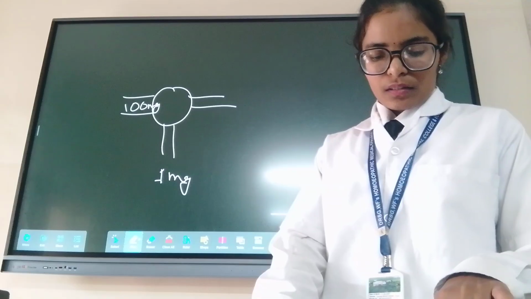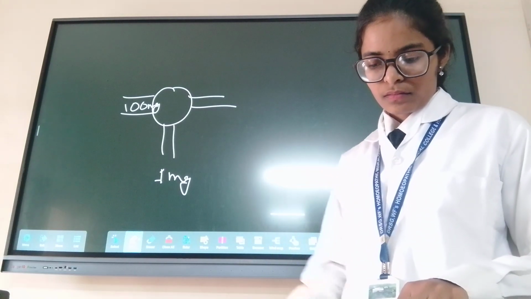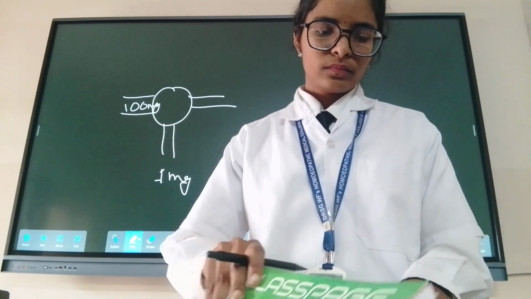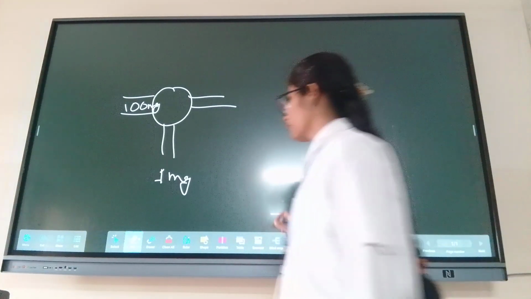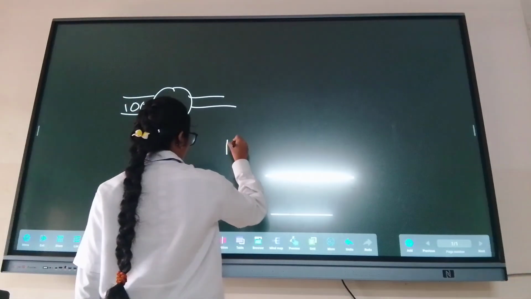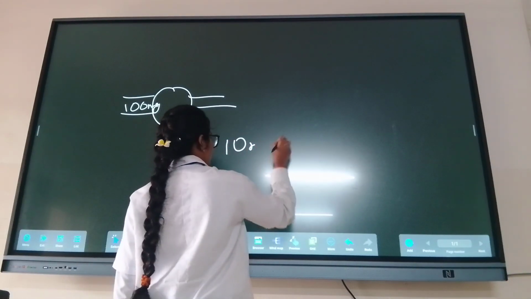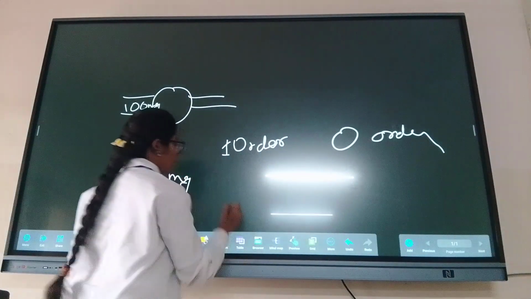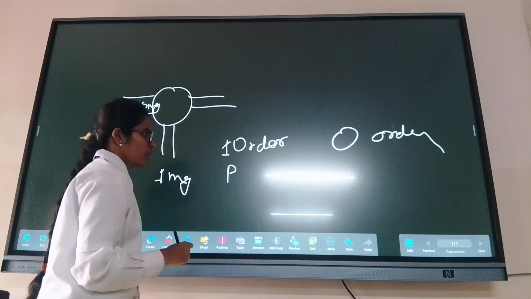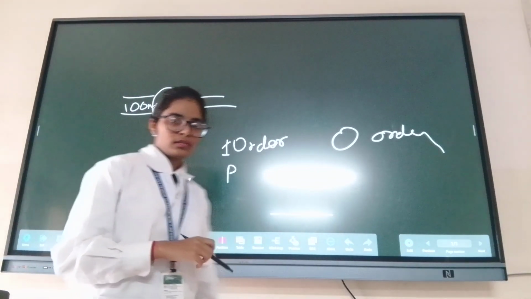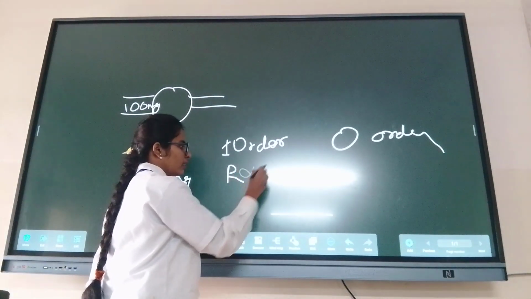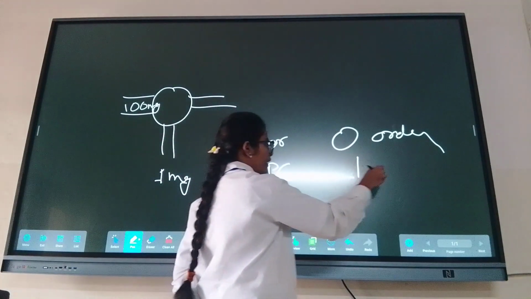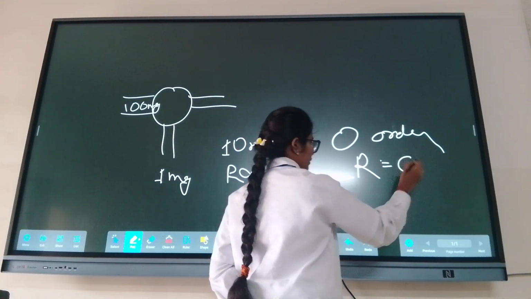Then in first order kinetics, rate of elimination is directly proportional to plasma concentration, and in zero order kinetics, rate of elimination is constant.